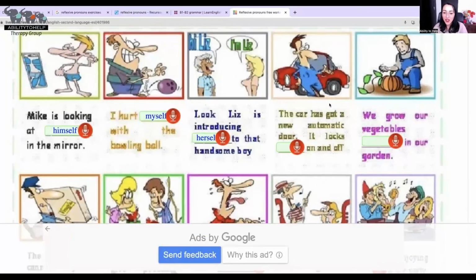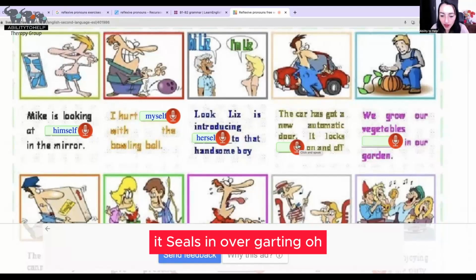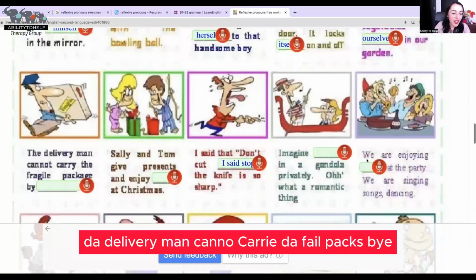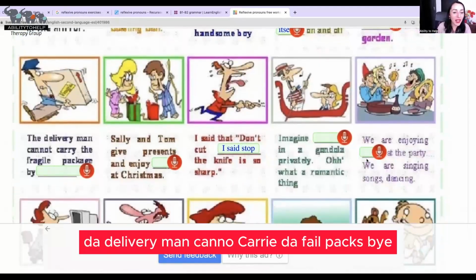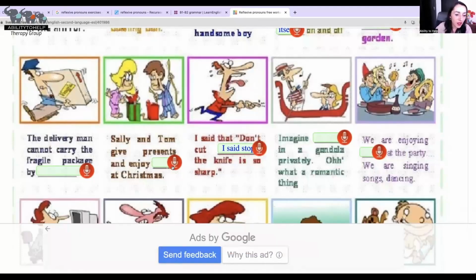The car has got a new automatic door. It looks itself. Oh, it's really funny. Try to do it. We grow our vegetables ourselves in our garden. Oh, the delivery man cannot carry the fragile package by himself.